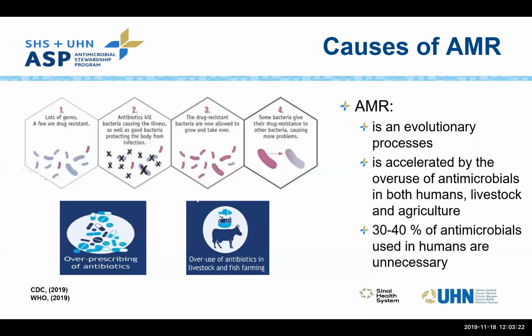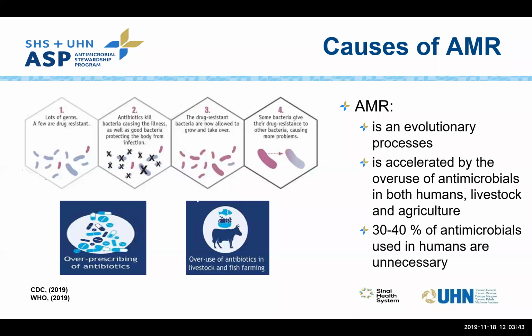This is an important section in the fight against AMR because we know from evidence that 30 to 40% of antimicrobials used in humans are unnecessary. And from Canadian data, we have a little bit higher: 30 to 50% of antimicrobials used in humans are unnecessary.